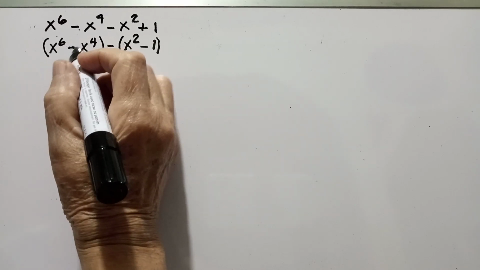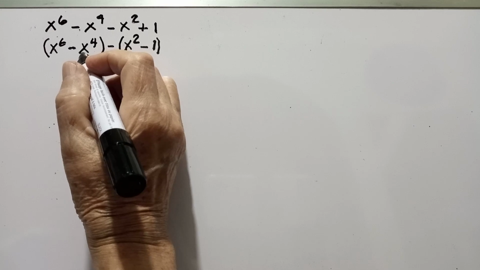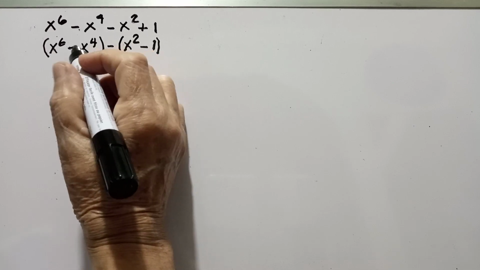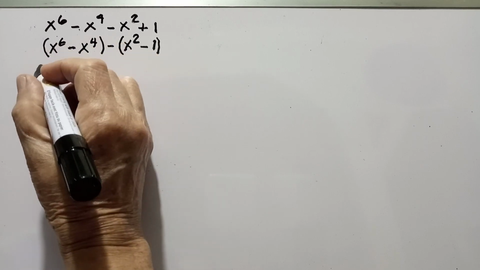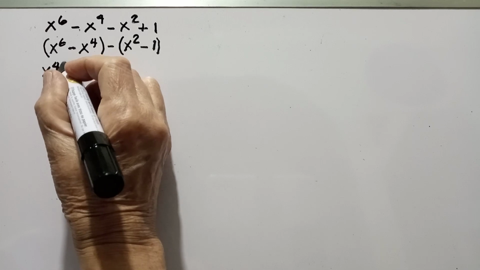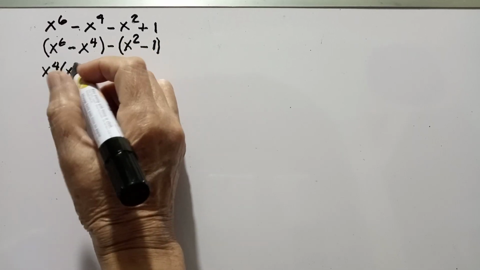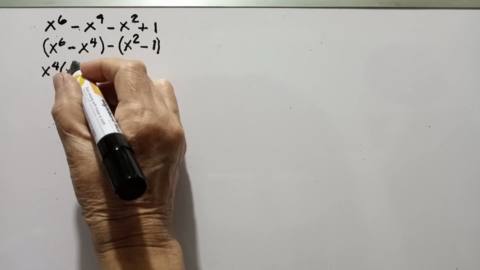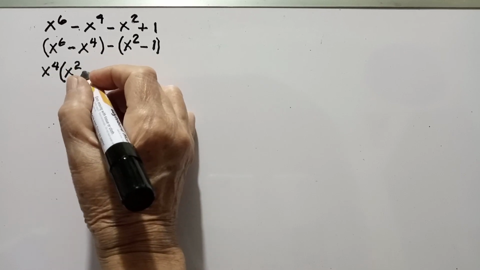Now, in this first group, there is a common factor which is x to the 4th. Remember that x to the 4th has a numerical coefficient of 1. So we take out the x to the 4th. What is left here is 6 minus 4 is 2, so what is left here is x squared.